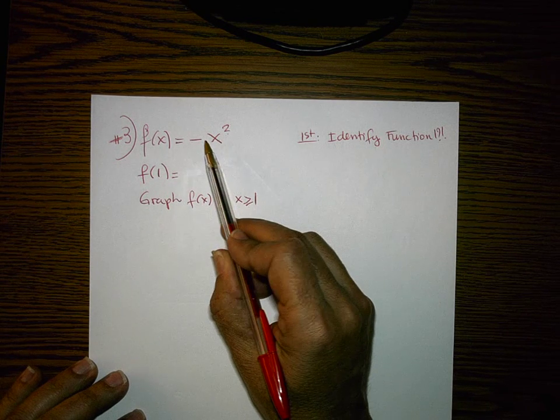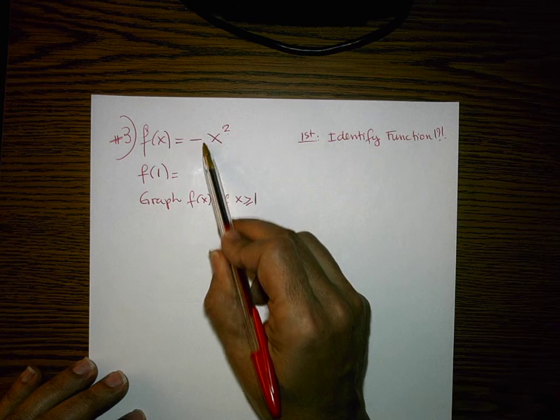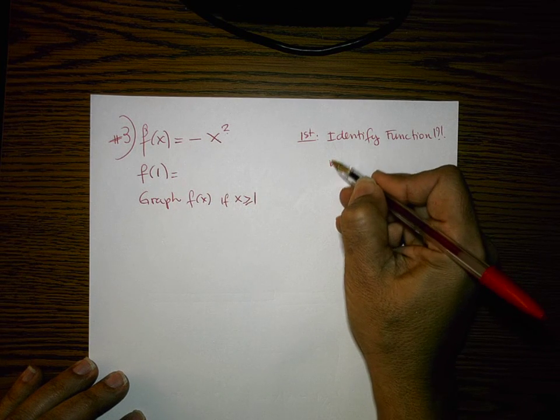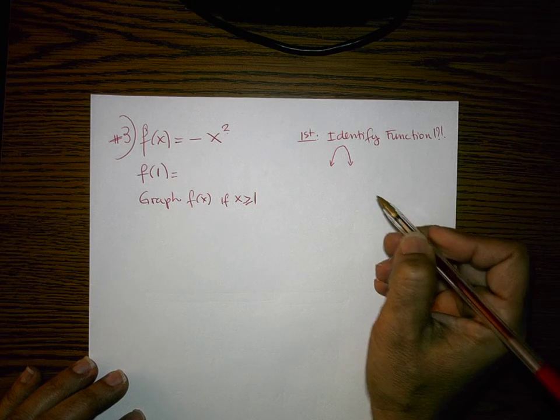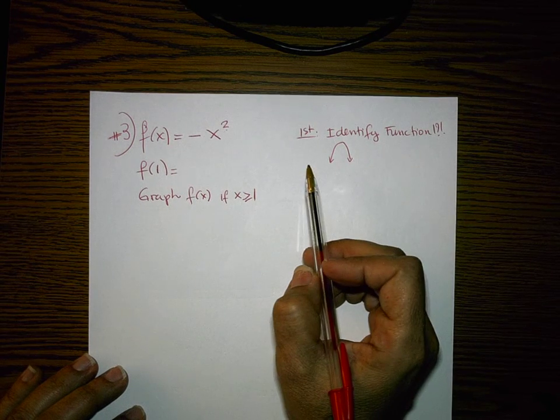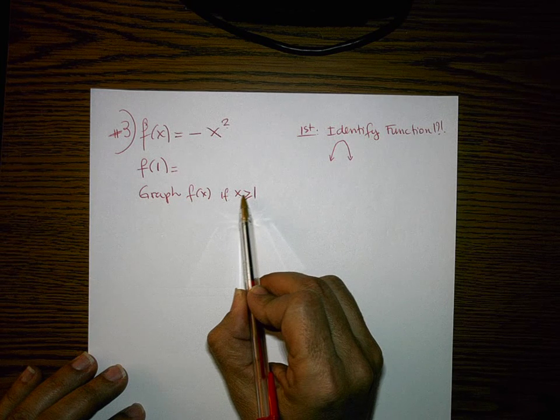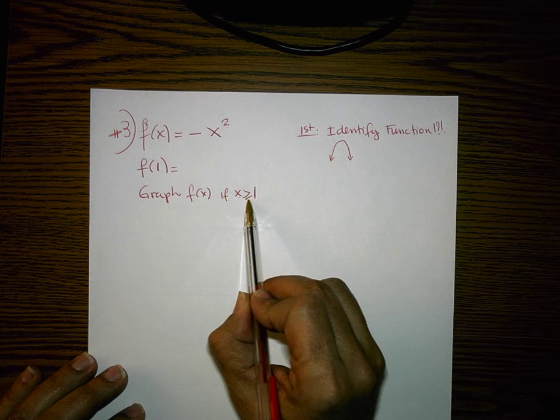All right, so I see a negative 1 in front of my x squared, so I know this parabola opens down. It's going to look something like this. But because this is restricted, it only wants me to graph this function for x's that are greater than or equal to 1.